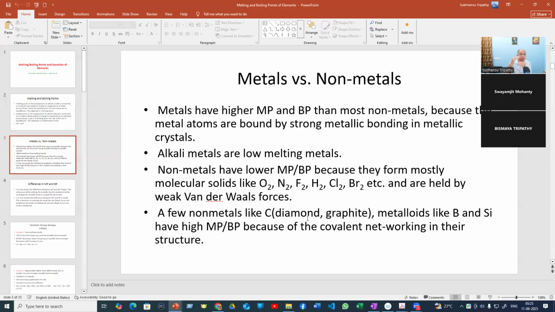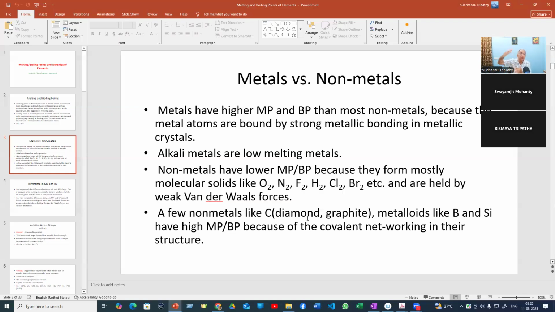Now, the difference between melting point and boiling point is very large in metals. In metals, try to remember, everything is there in this note. You just write down at home, everything. If it is a solid, then first melting point will come at a lower temperature.